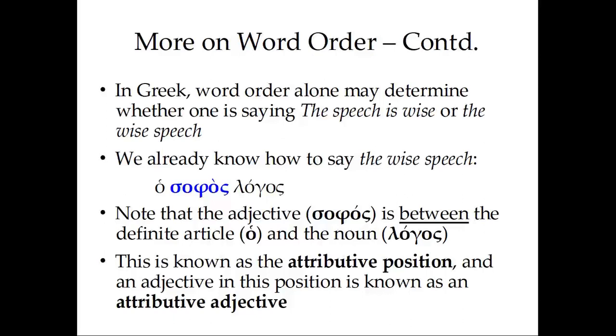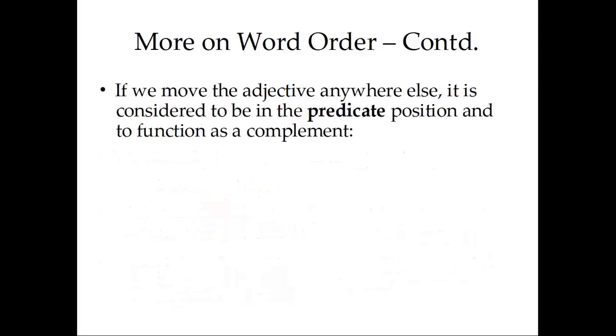The sentence would still make sense if we left it out. That is not the case with other uses of adjectives. If we move the adjective anywhere else, it is considered to be in the predicate position and to function as a complement. So lots of terminology, I realize. You'll see how this works. Probably understand it even without the terminology.